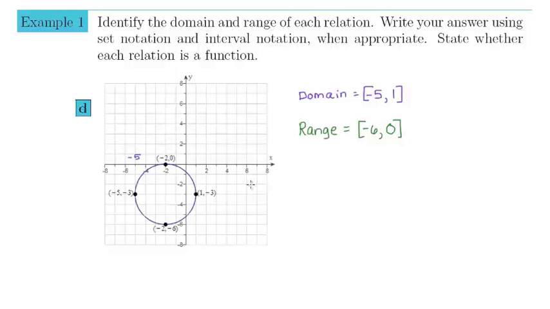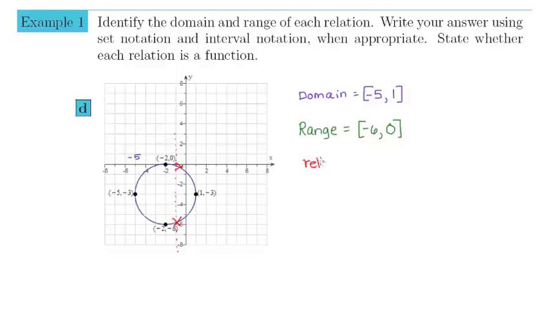Now let's decide whether this relation is a function. And how do we do that? Well, because the relation is in the form of a graph, we apply the vertical line test. That is, when we draw a vertical line, does it pass through the graph in more than one place? And notice that unfortunately this is not a function, because just about any vertical line that we draw will pass through the circle in more than one point.